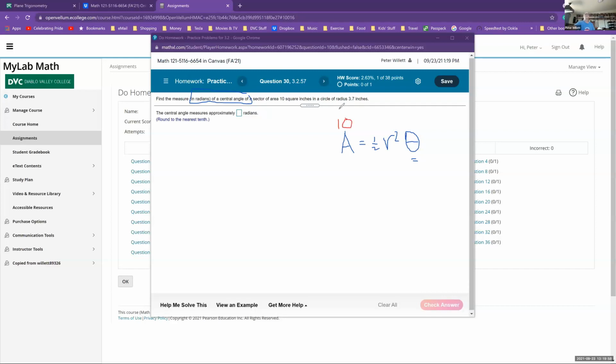And it tells us that the radius is 3.7, so for the R value, we would plug in 3.7. And then we could solve for theta. We would take 3.7 and square it, multiply it by 1/2. Whatever we get, we divide both sides by that, and then we have our answer for theta.